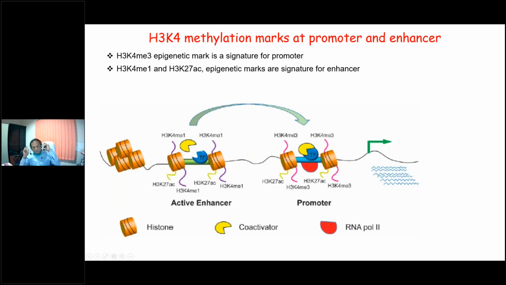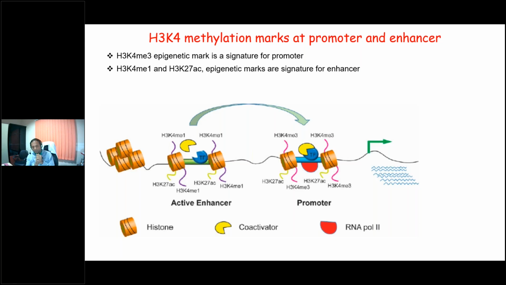So if I ask a question: if you have a DNA segment that contains H3K4 monomethyl, what could be the potential region of a gene, the promoter or the enhancer?